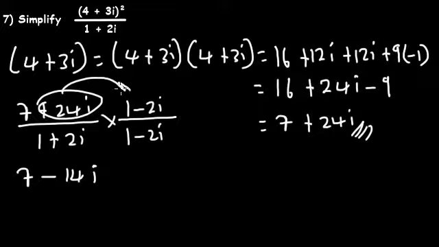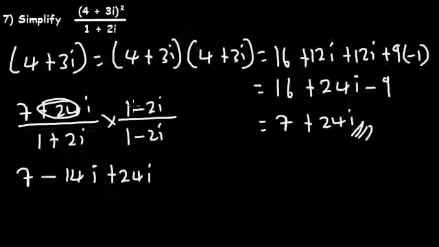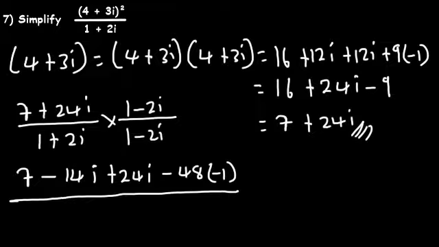Plus 24i times 1 gives us positive 24i. And plus 24i times negative 2i: 24 times minus 2 gives us negative 48, then i times i, negative 1. Perfect. Eventually, divided by 1 times 1, which gives us 1.